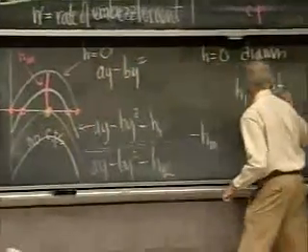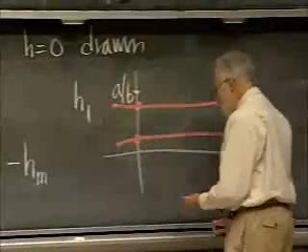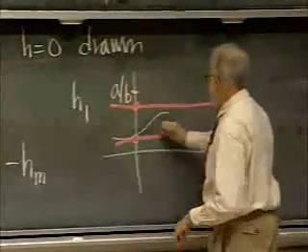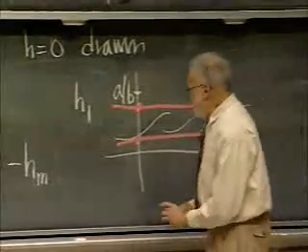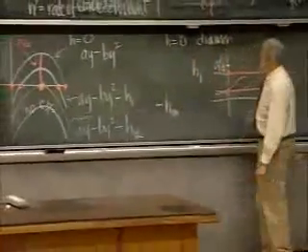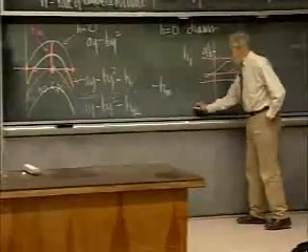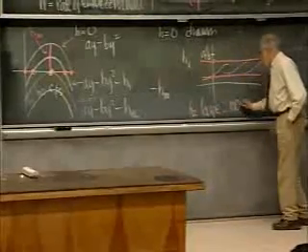They've moved in a little bit, so they are here and here. Otherwise, the solutions look just like they did before, and the analysis is the same. And similarly, if h2 is very large, there are no critical points.